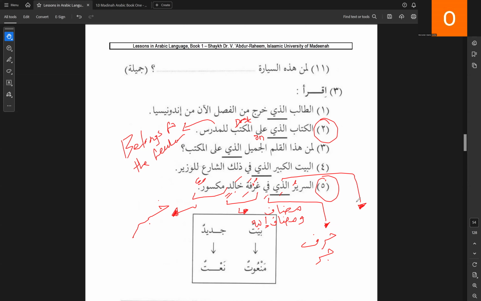We just did that on the last page. اسم. اسم الإشارة is هذا هذه ذلك تلك. الذي is اسم الموصول, a connecting word.